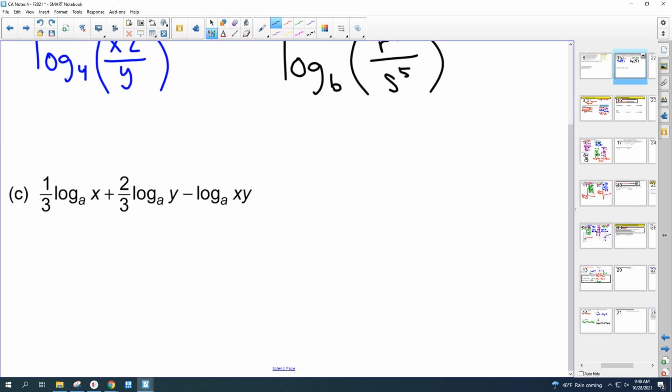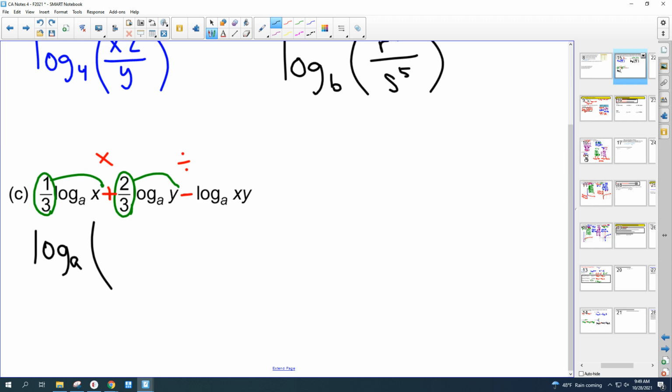And then this one, hardest one, I suppose, because of the fractions, but it's still the same kind of deal. This number in the front is going to go back there and be an exponent, as is this number in the front. It's going to go back and be an exponent. I see a plus, which is going to be the product rule. I see a minus, which is going to be the quotient rule. So let's change it to a single logarithm.